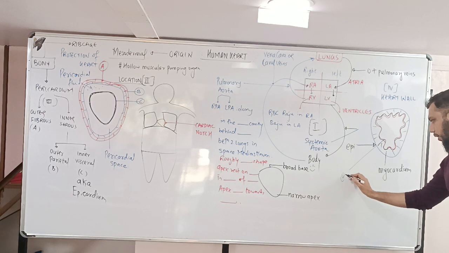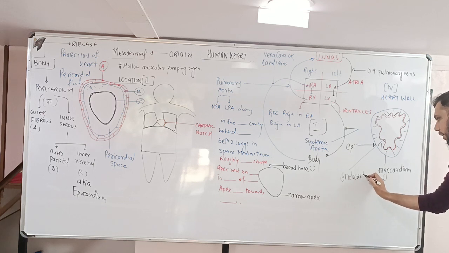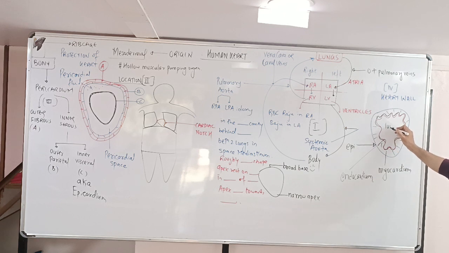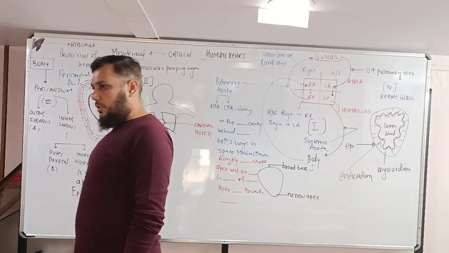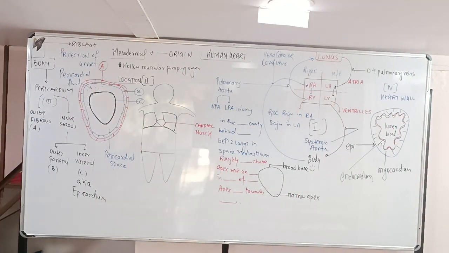And the inner one is called endocardium. And what is this? Lumen. And what is this lumen filled with? Blood. So what are the 3 layers of the heart wall? Epi, myo, endo. Okay?